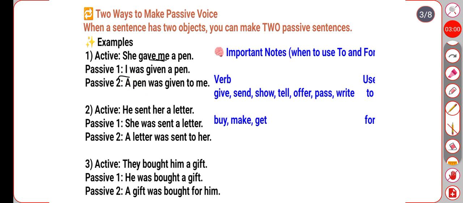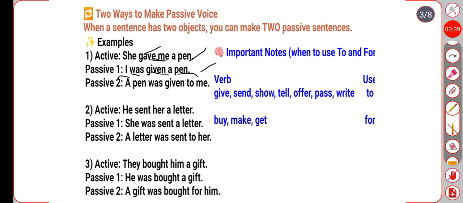As the sentence is past tense, that's why the auxiliary verb was came out. And in the rules, the passive voice sentence always uses the third form of the verb. Gave became given, and fan. Like this: I was given a fan. If you want to convert with the indirect object, this is how you have to do it.